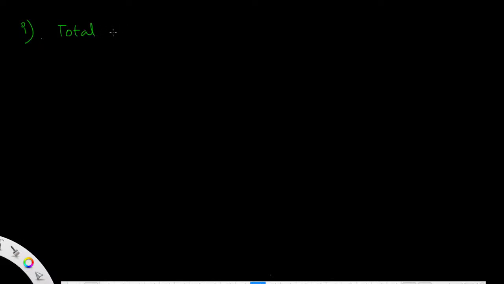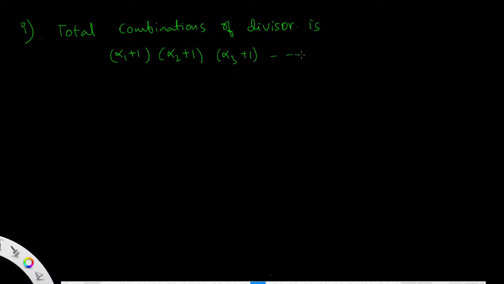The total number of divisors, that is how many we can get, is alpha 1 plus 1 into alpha 2 plus 1 into alpha 3 plus 1, and so on up to alpha r plus 1. You add 1 to each power and multiply.